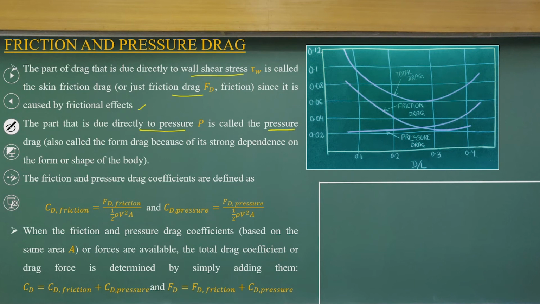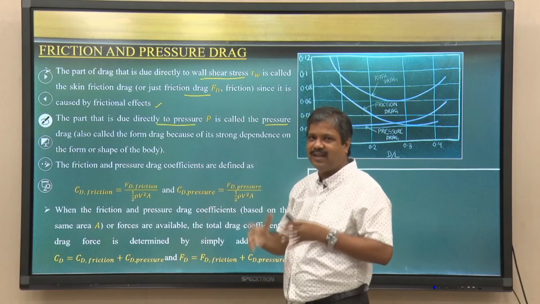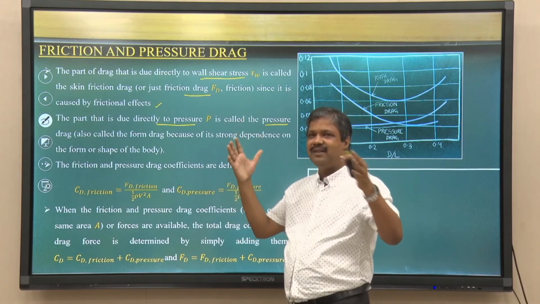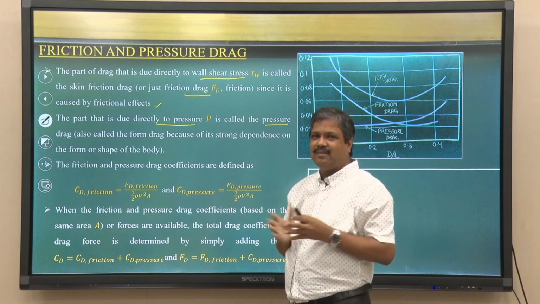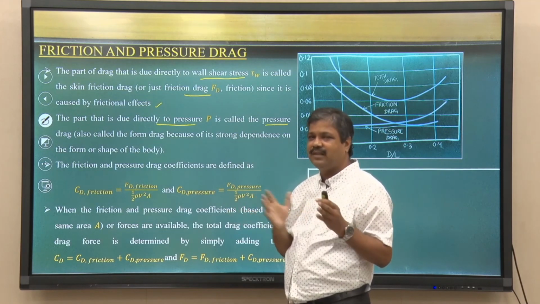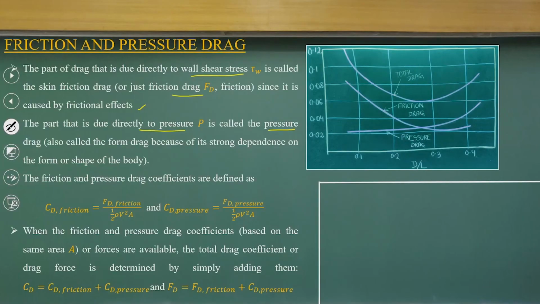Sometimes, because it depends upon the shape or form of the body, as I said, tall high-rise buildings having rectangular shapes or circular platforms are different. So, that is the difference in form drag, which depends upon what type of shape and form the body has. So, we again define it the same way.